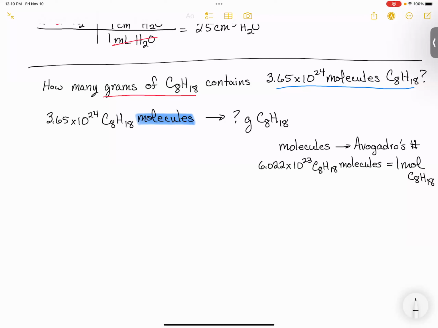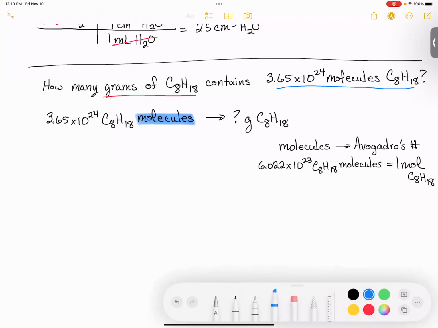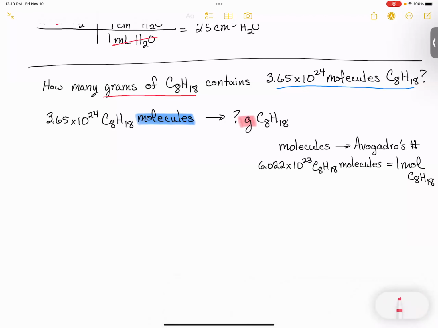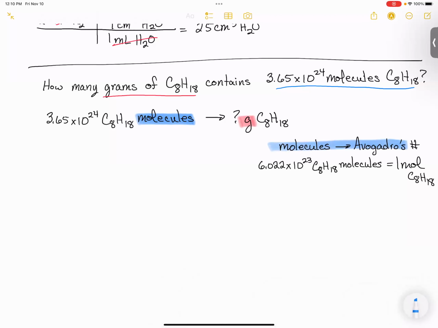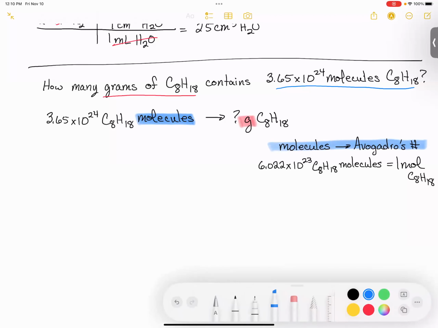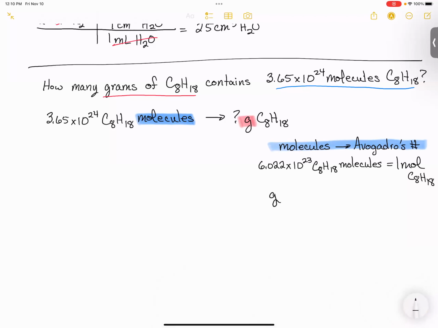Always. The other thing I notice is I need grams. Grams indicates I'm going to need the molar mass.